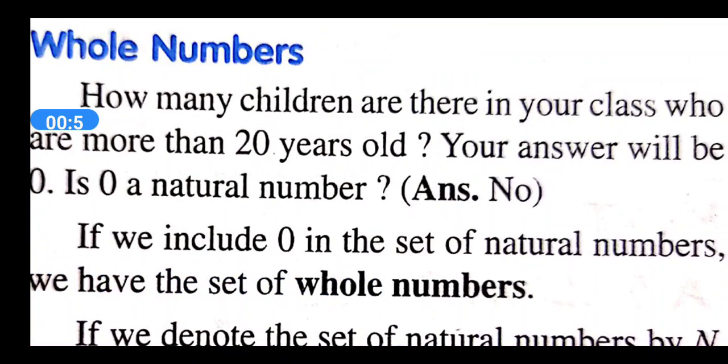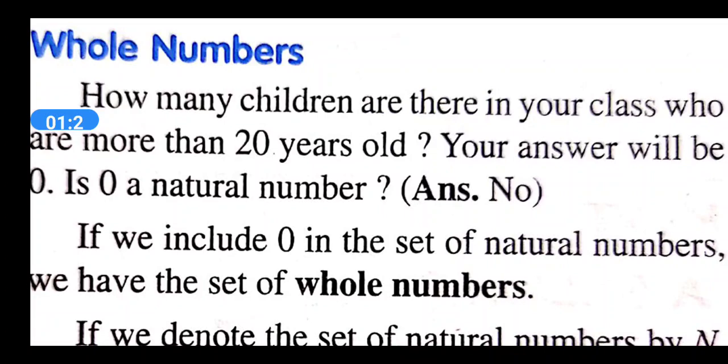Let me ask you one question. How many children are there in your class who are more than 20 years old? Your answer is 0. Yes. Is 0 a natural number?